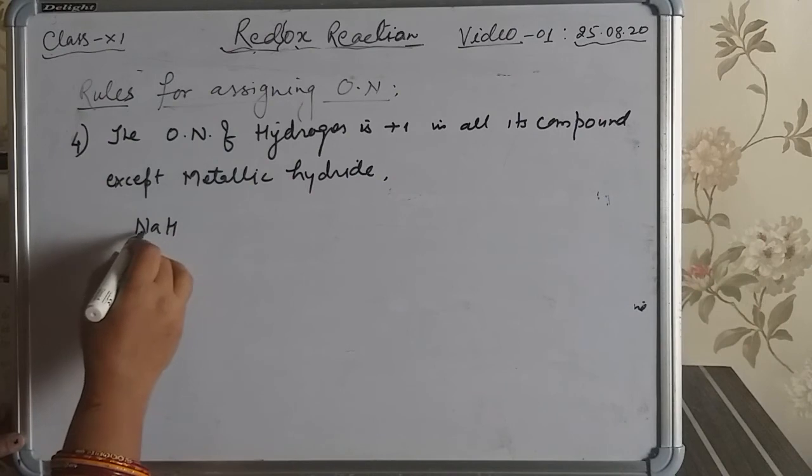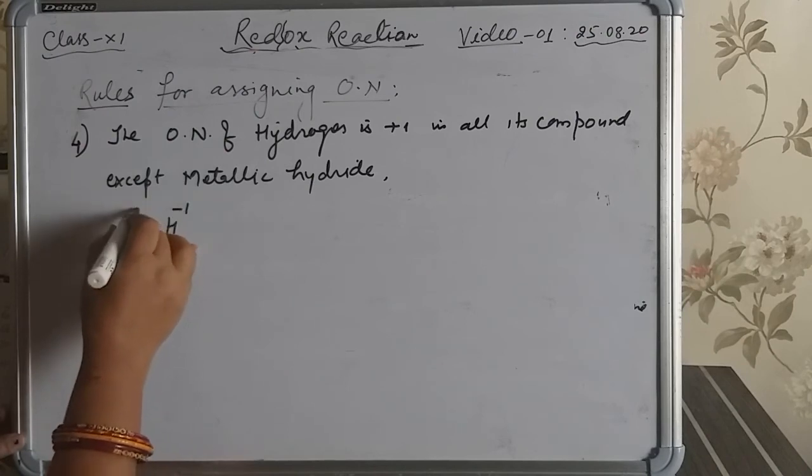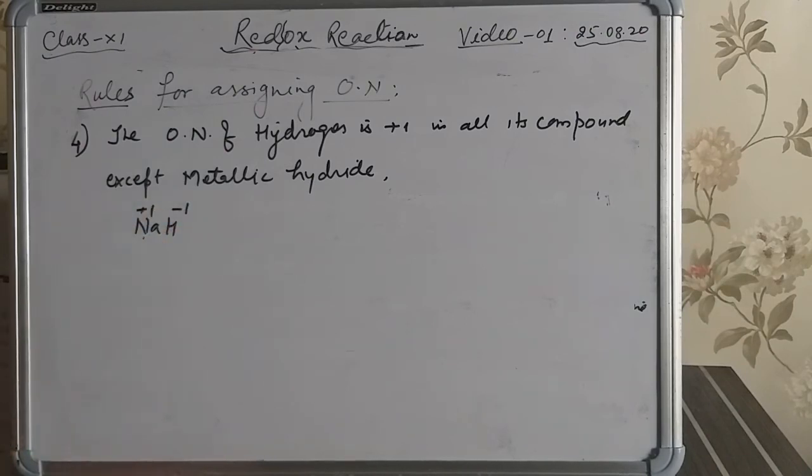In NaH, sodium is a metal, so a plus charge appears on the metal and a minus charge appears on the hydrogen.